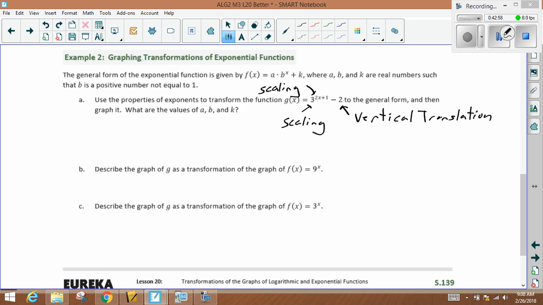Okay. So 9 to the x is the same thing as 3 squared to the x power, which is 3 to the 2x. So it's going to scale it. It's going to cause it to increase more quickly, yes? And this is going to be kind of like our parent function, right?